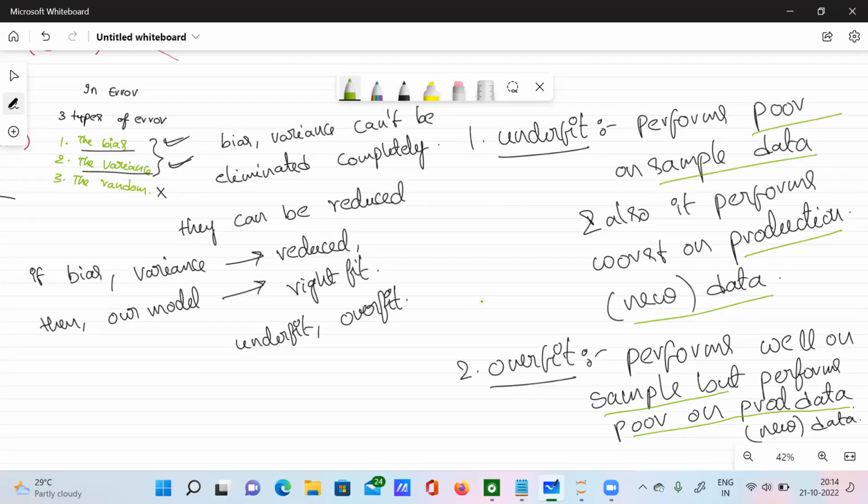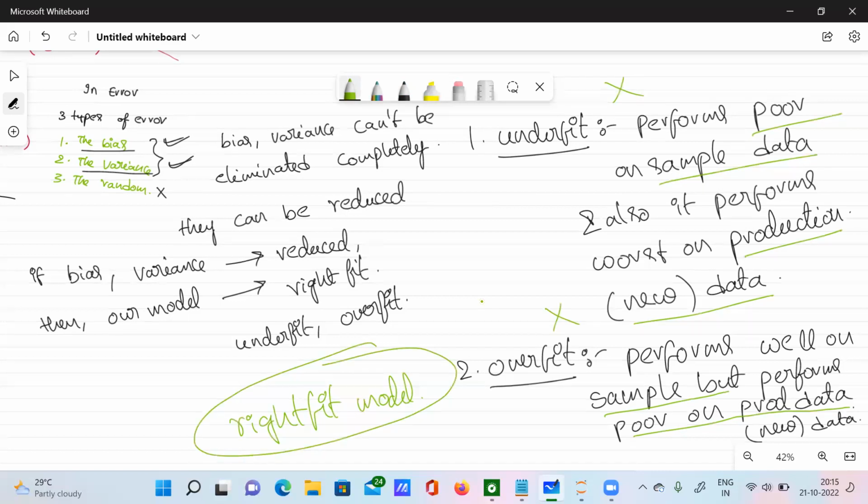And our goal is not to be in either of these situations, right? We need to be in the right fit model. We should not make our model underfit. We won't accept this, and we also won't accept this. We need this kind of right fit model.